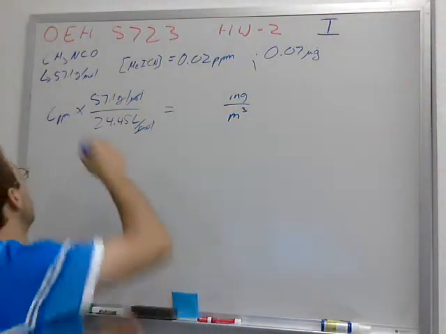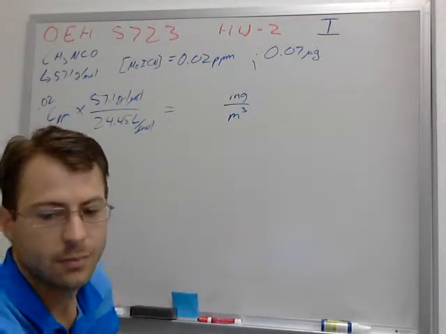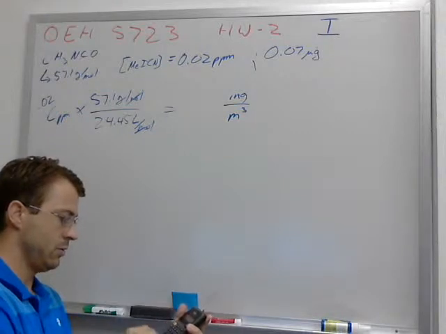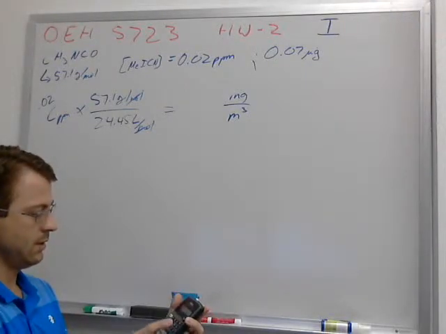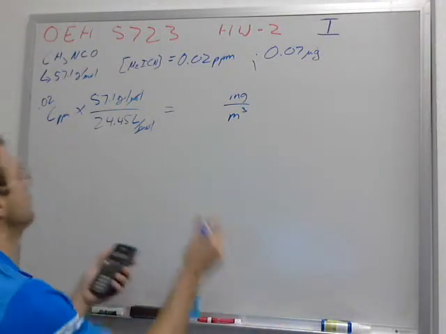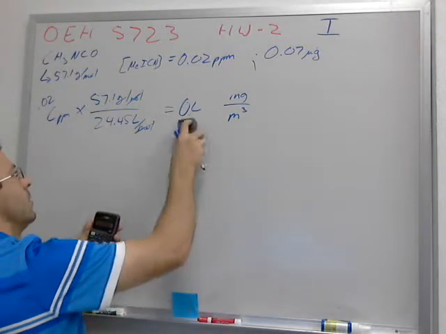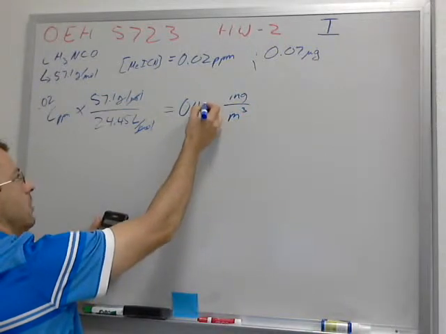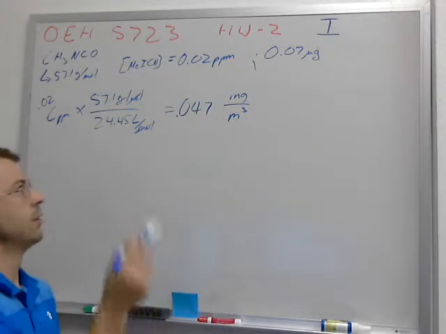So what is our concentration here? It was 0.02 ppm. So 0.02 times 57.1 divided by 24.45. That's 0.047 milligrams per cubic meter.